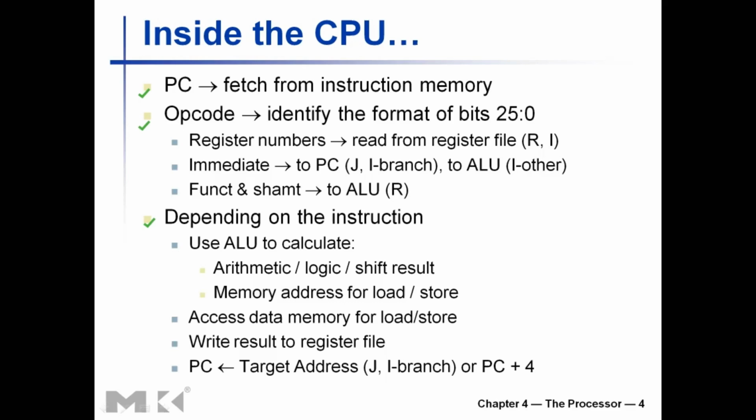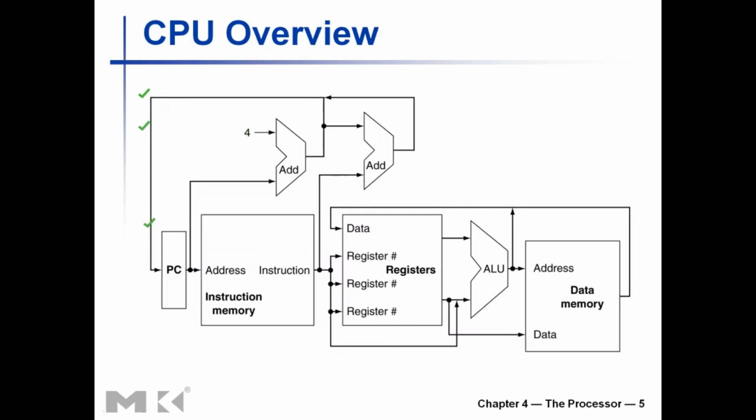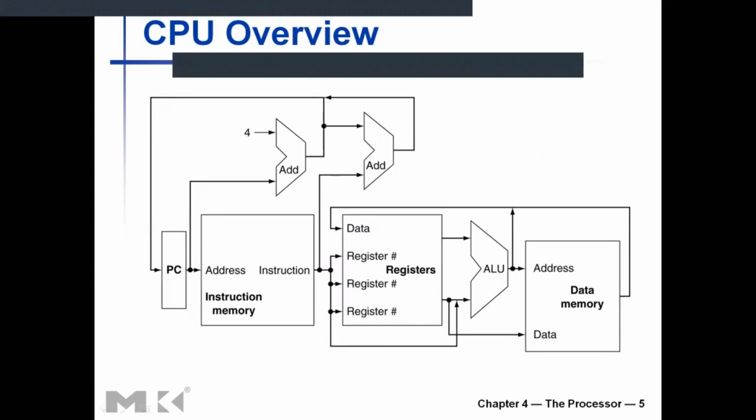Right, so let's see how this is done in the hardware. This is a very brief overview. We will have a detailed look at all these things as we go on.